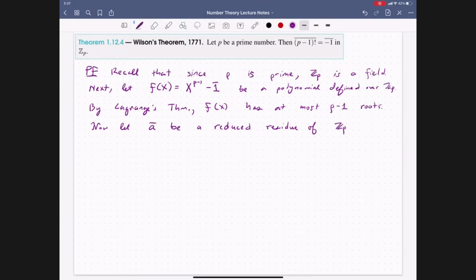So if a bar is a reduced residue, we know that there are exactly p minus 1 of them, and this is the Euler phi function of p in the new notation. So there are exactly p minus 1 reduced residues.